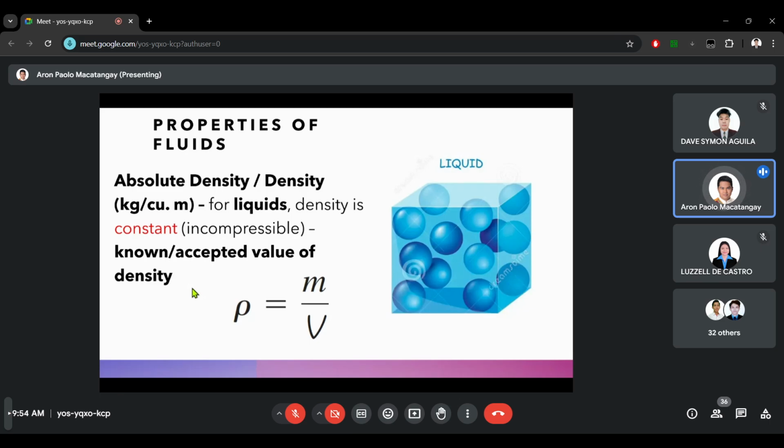So for liquids, the value of density is usually a constant or a given value. It does not change depending on the container, right?